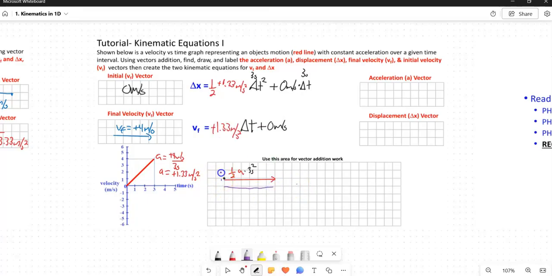You start here, you end here. So the displacement vector is just equal to positive 6. So the displacement is 1, 2, 3, 4, 5, 6.